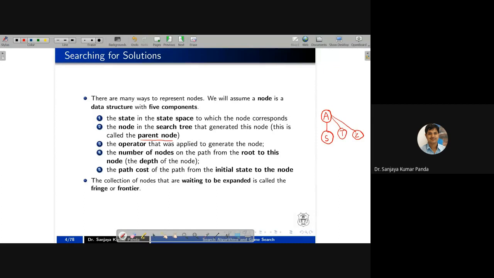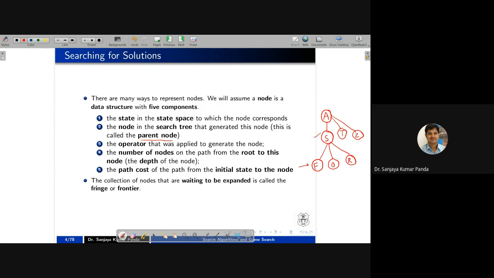The next one is the number of nodes on the path from the root to this node. Like we have explored S, and we got F, O, and R. If you concentrate on F, how many nodes have you explored until now in your path?